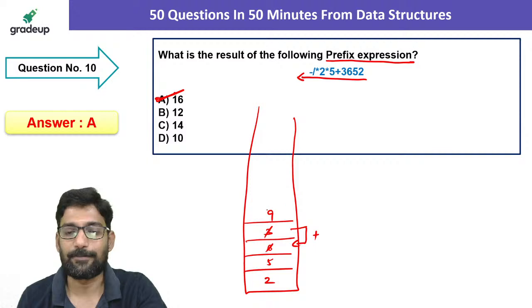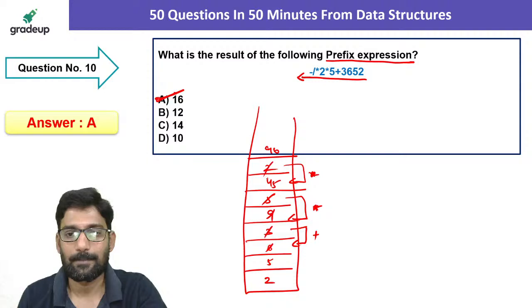Then 5 pushed. Then multiplication, 5 into 9, 45. Then 2 pushed. Then multiplication, 2 into 45, 90. Then division, 90 divided by 5.